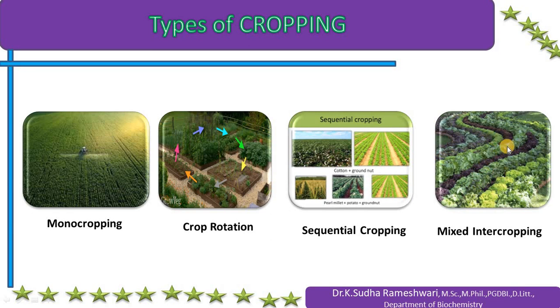This process is called mixed intercropping: planting the main crop in rows and after that spreading the seeds of the intercrop, such as a cover crop, not in rows. They have to spread it out. The main crop will be in rows, and other intercrops are in a zigzag manner. So this is about the types of cropping.